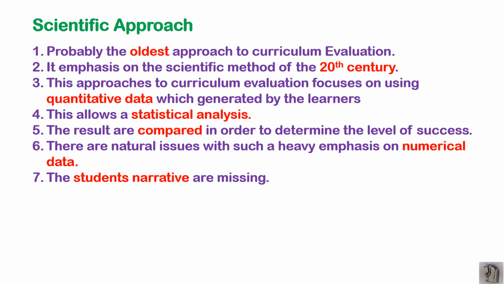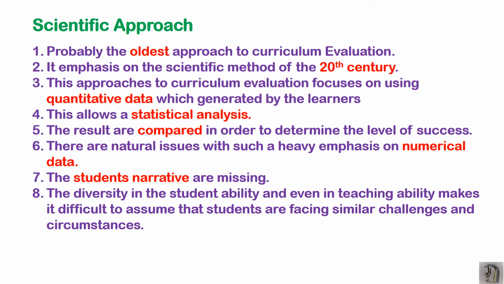For example, some students might not be getting good marks and some students might be good at verbal. So that kind of narrative will be missing in the scientific approach, because the diversity in the students' ability and even in the teaching ability makes it difficult to assume that the students are facing similar challenges and circumstances. That means this scientific approach will not tell you very clearly, rather just a number, about the ability of the students.